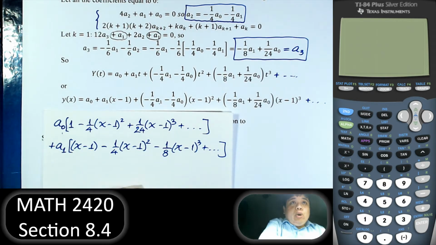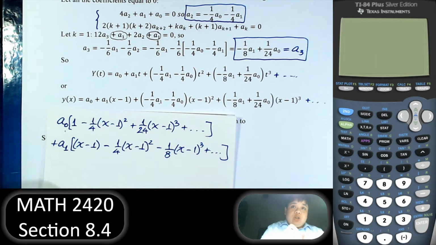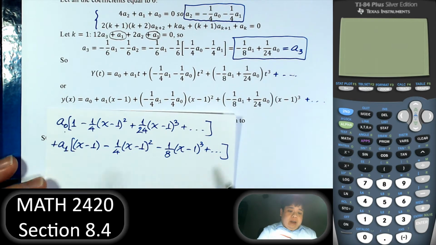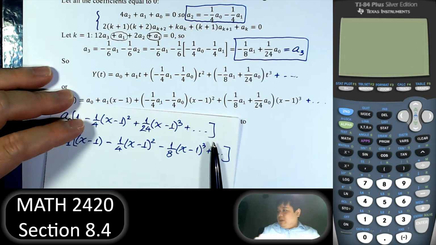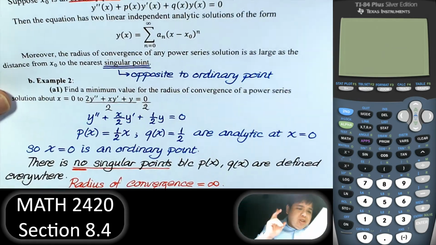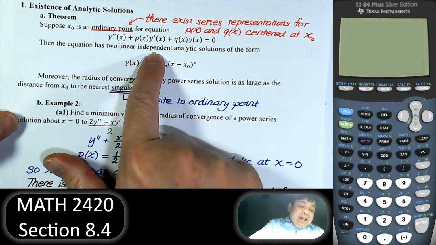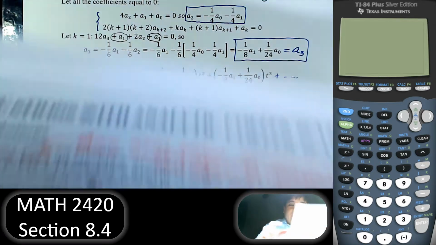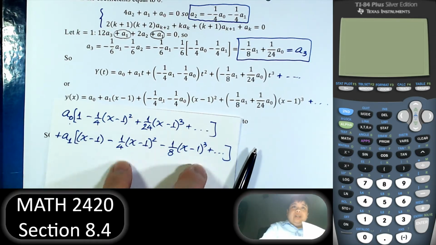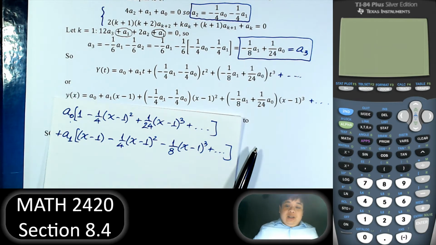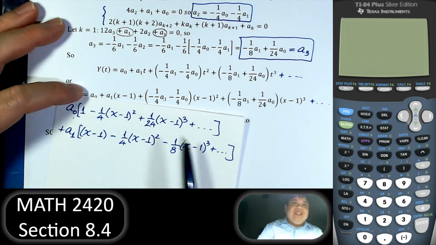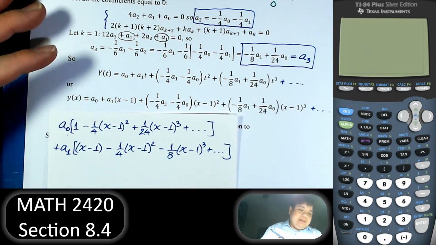So we could potentially group the solution in terms of coefficient a0 and in terms of coefficient a1, and we still have two. What did we say? We have two linearly independent analytic solutions. So we can write it like that.